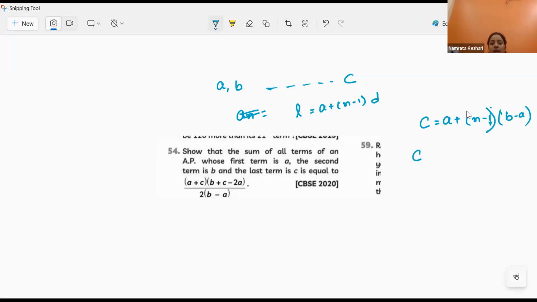Now we are targeting to find N. So A you shift to this side, and there you have N minus 1 multiplied with B minus A. Making sense, Ritvika?